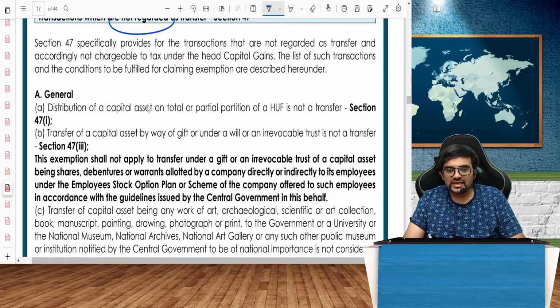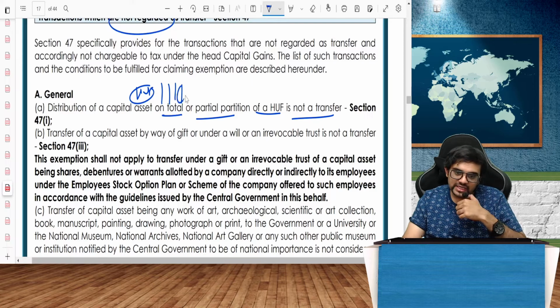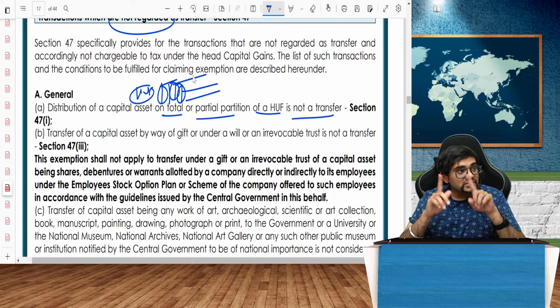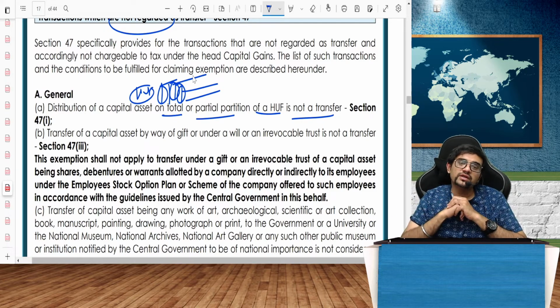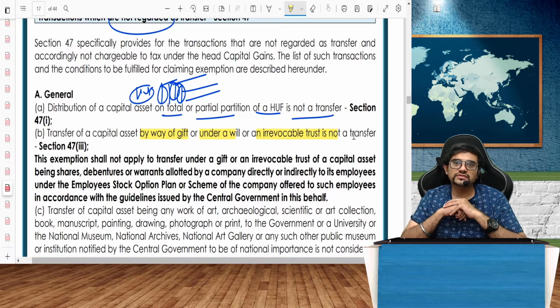Distribution of a capital asset on total or partial partition of HUF is not a transfer. HUF will partition, and when they partition, it will be apportioned to each of those karta and the co-parceners. Even though it is a transfer, it is not a transfer as per law. Transfer of a capital asset by way of gift or under a will or irrevocable trust is not a transfer.